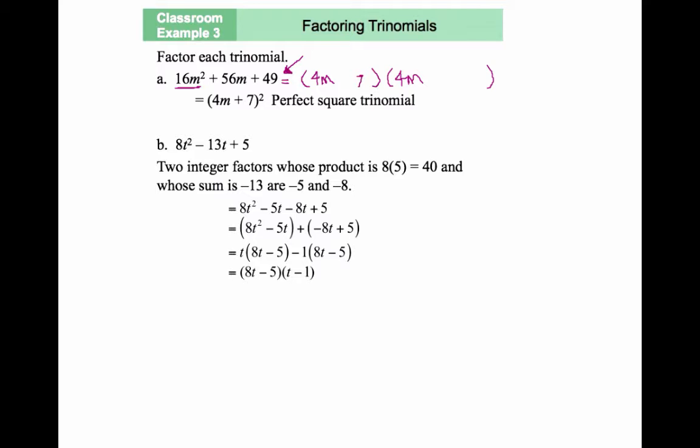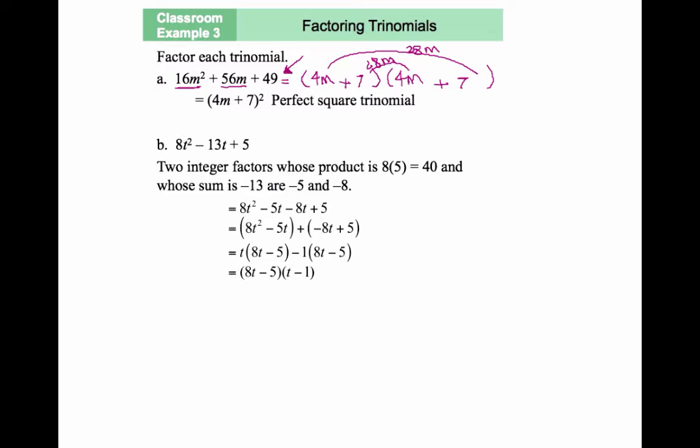If I put 7 and 7 here, you'll see that if I multiply the two inner terms and two outer terms, I get 28m, which adds up to 56m. And both have to be positive, of course. So you can see that this is a perfect square trinomial.